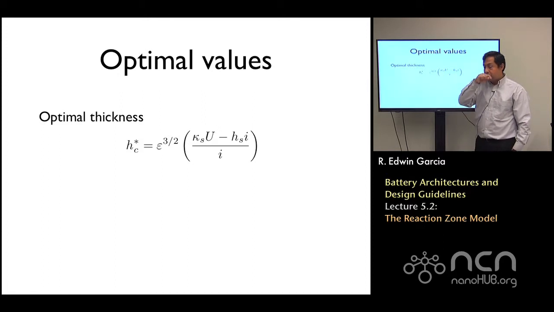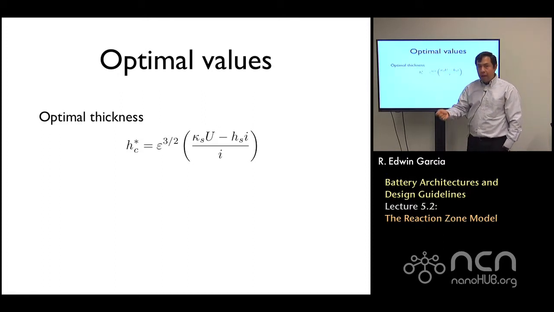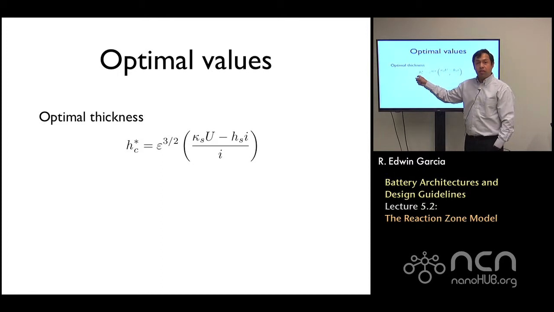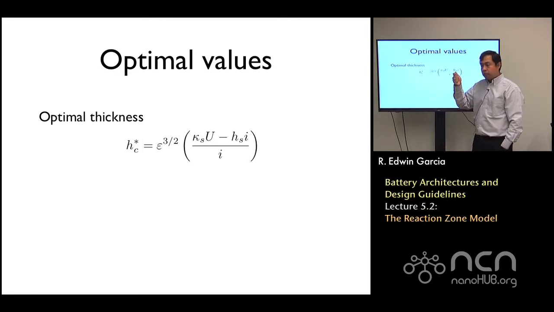This is important because it means that in the absence of diffusion limitations, where only the ohmic losses are dominating the transport of the cell, what really controls the system, the optimal thickness, will depend on the current, the power density that you're extracting from your application. That all depends on, okay?